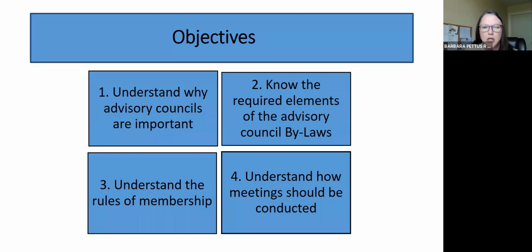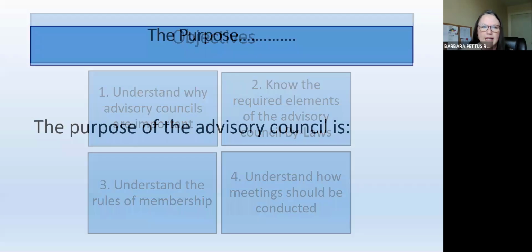We also hope that you have a better understanding about the rules of membership and that you're able to look at those ratio requirements and get the best people as members of your council as possible. And lastly, we hope that you will understand how meetings should be conducted and be able to ask questions about effective meetings and how you can tweak your meetings so that they are as effective as possible. So if we want to advance to the next slide.